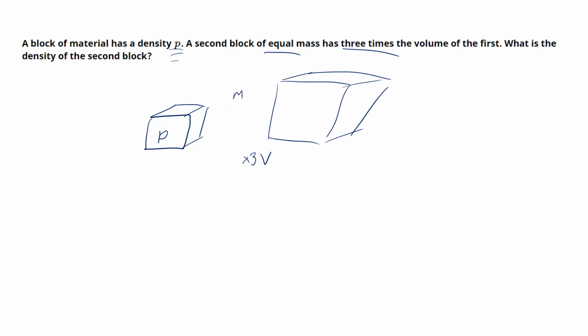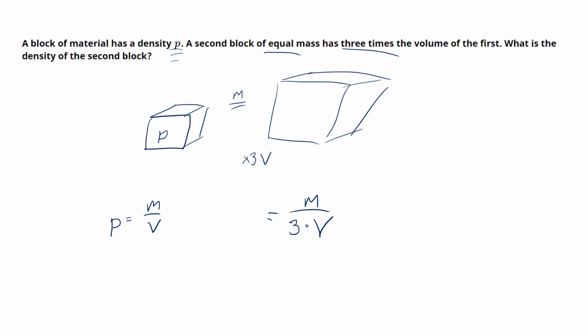So M is equal, whatever. Okay, so I know that P is equal to M over V. The M doesn't change, the volume is 3 times bigger. So what's this going to equal?